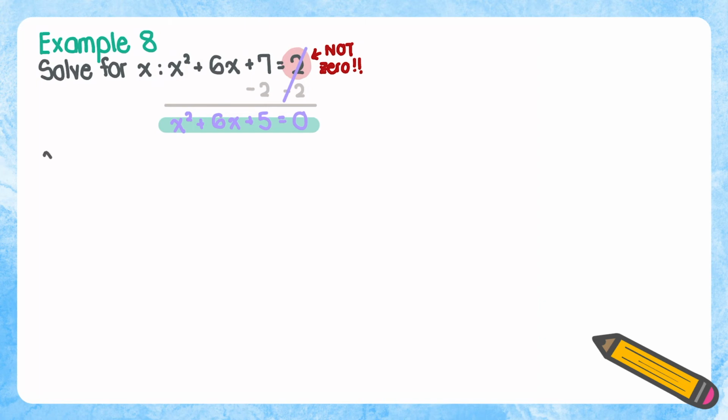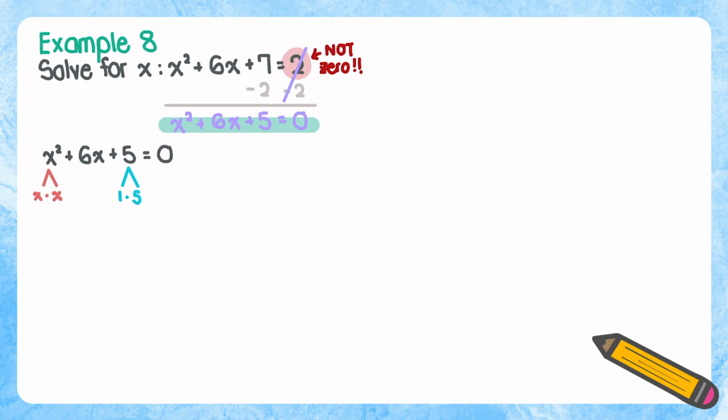So now, first off, I'm going to factor using the method of exhaustion. So I have x squared plus 6x plus 5 equals 0. So x squared breaks down into x times x. And then the 5, the factors are simply 1 and 5.